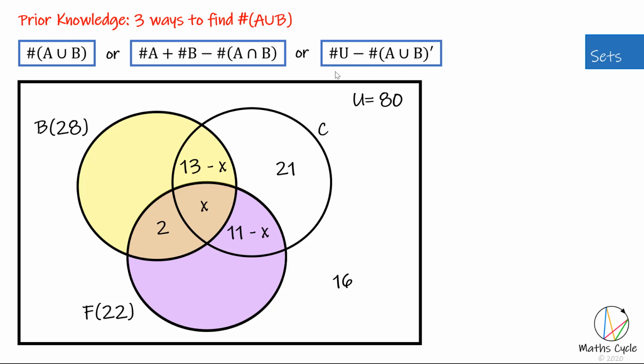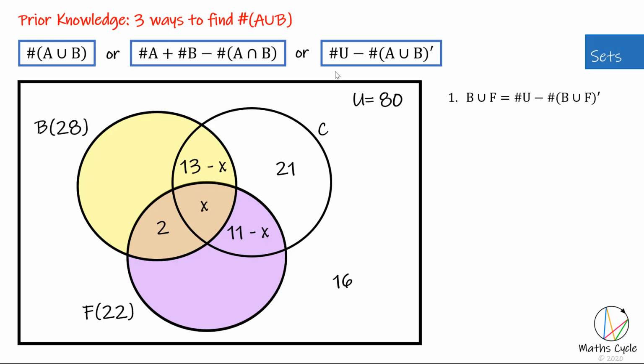Now the one that we're going to focus on is B union F, the yellow and the purple circle. The reason why we're doing that is because the yellow and purple circle contain all my information on x. They contain the 13 minus x, the x, and the 11 minus x. So we're going to focus on B union F. One of the ways to find B union F is this last one here where we focus on the universal set.